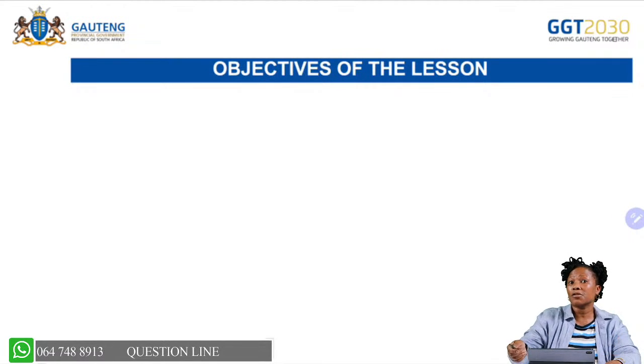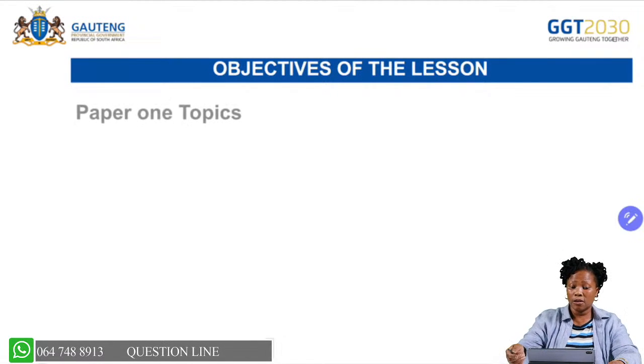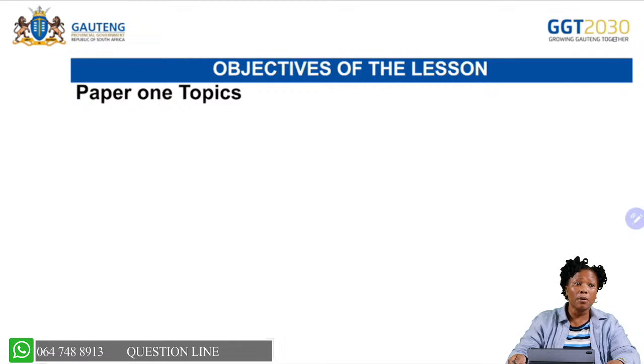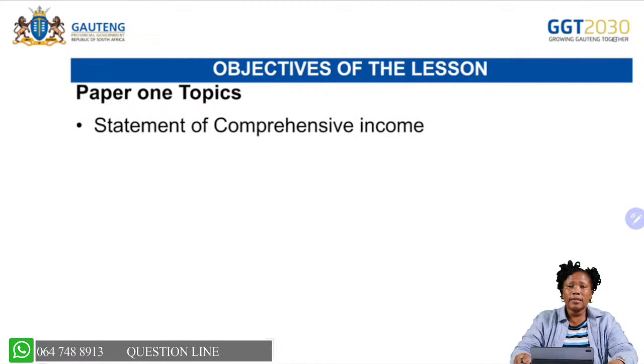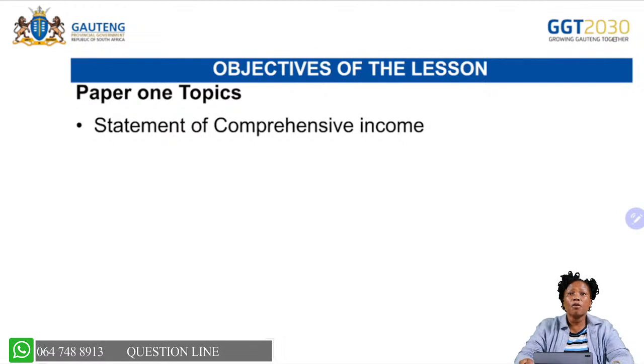These are the objectives of our lesson for today. We are going to look at paper 1 topics, as I have already mentioned to you. Remember that the paper 1 topics are done in your term 1. We complete these topics in term 1. We are going to look at the statement of comprehensive income. That is your income statement, so we shall be using those words interchangeably.